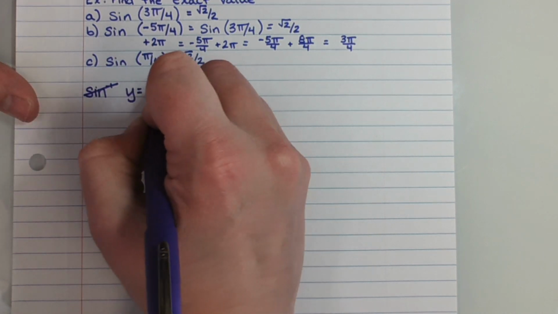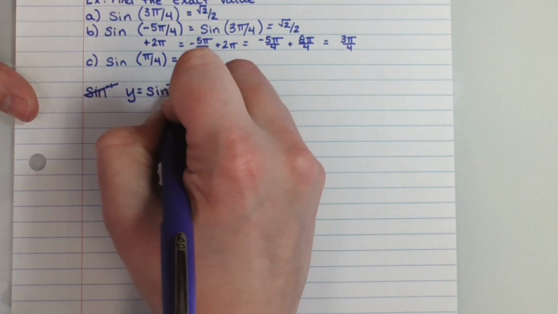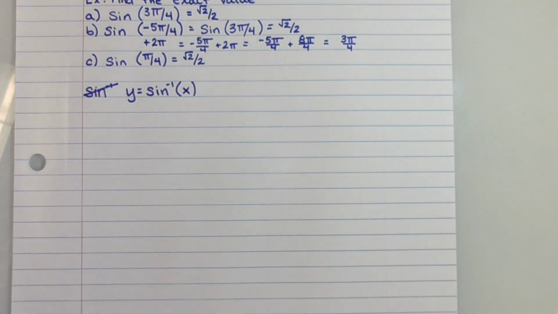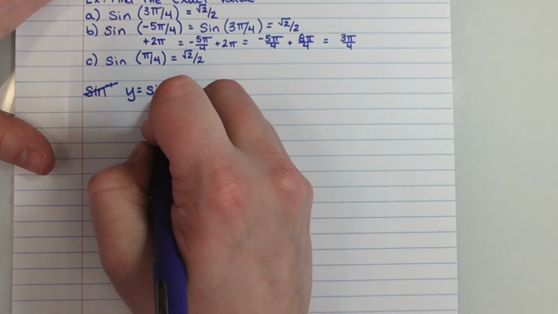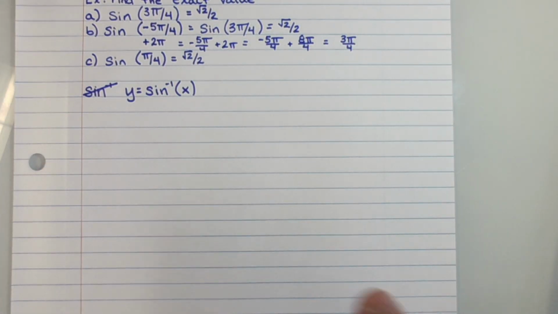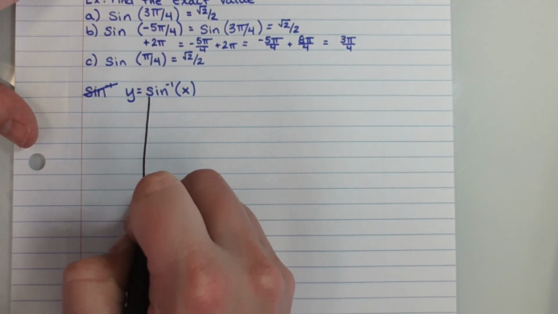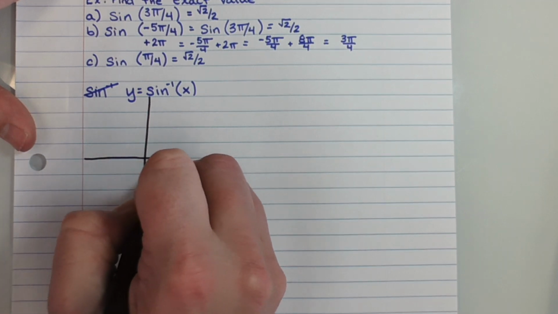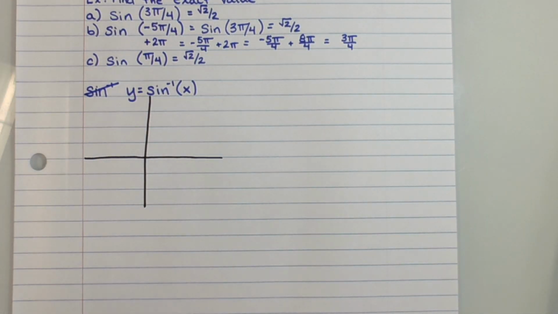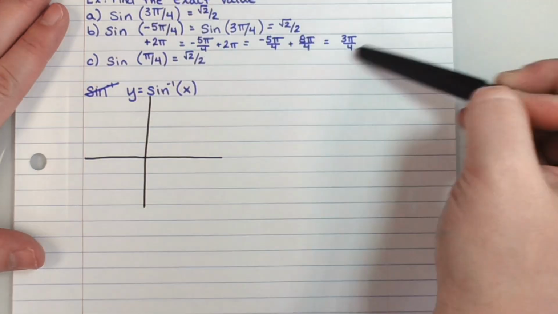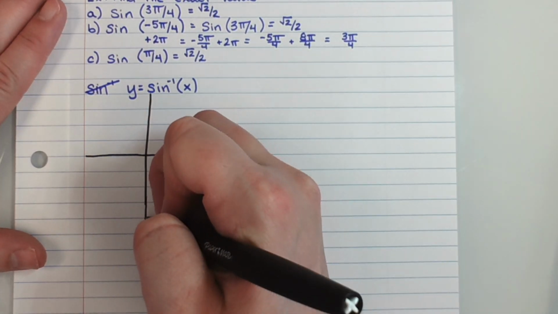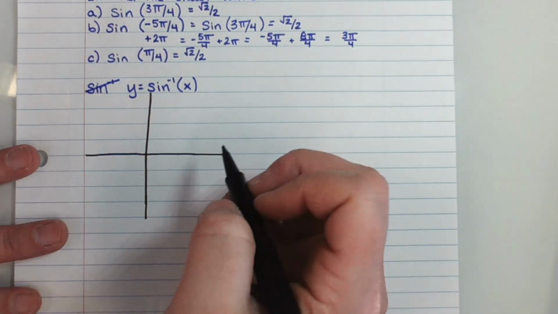Actually, more accurately, I'm going to write y equals sine inverse of some x. If I graphed this, let's say I want to graph it where my outcome is in degrees.